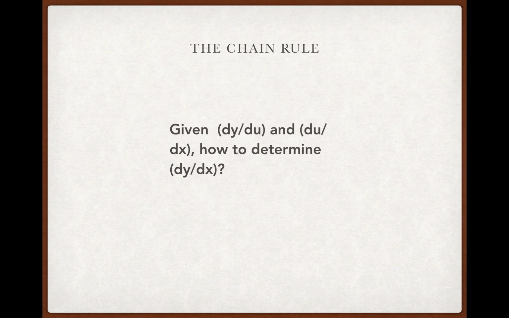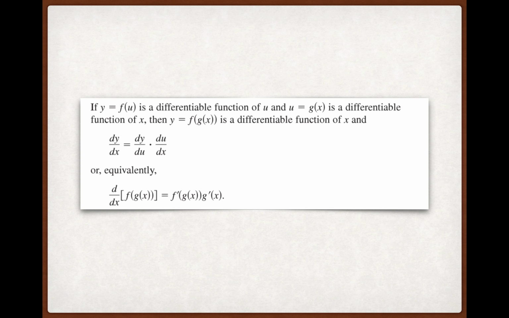So given dy over du and du over dx, how do you determine dy over dx? Well, you notice that by multiplying these two expressions, you can directly get dy over dx, since du in the two expressions cancel out. And we have actually found the chain rule, and we are just lacking a few conditions.